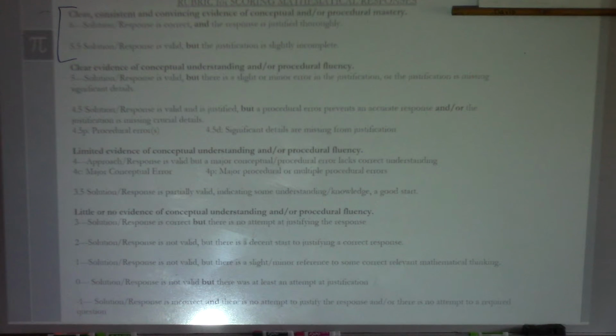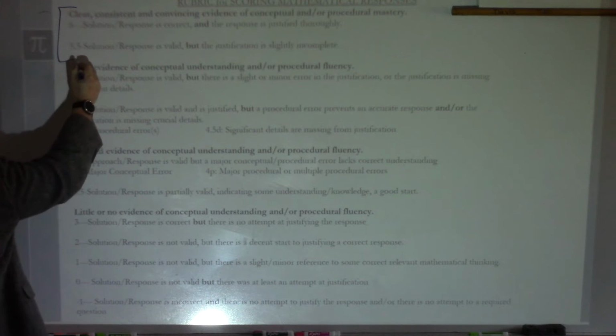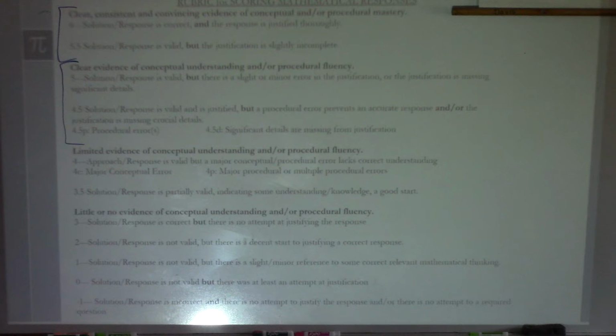If you have clear, consistent, and convincing evidence that you understand, that's pretty good, isn't it? Yeah. Okay. The next tier is our 4.5s and our 5s, which is still pretty good. There is clear evidence of conceptual understanding and or procedural fluency. And I'll explain what that means in a second.